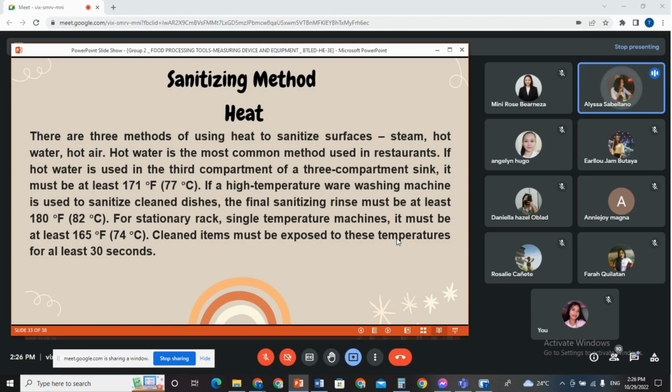If a high-temperature warewashing machine is used to sanitize clean dishes, the final sanitizing rinse must be at least 180 degrees Fahrenheit or 82 degrees Celsius. For stationary rack, single-temperature machines, it must be at least 165 degrees Fahrenheit or 74 degrees Celsius. Clean items must be exposed to this temperature for at least 30 seconds.